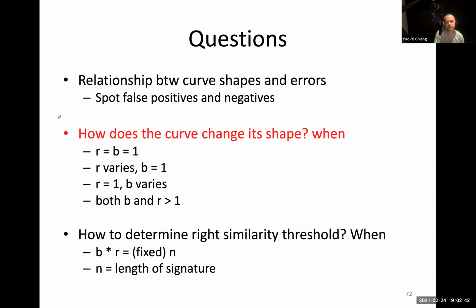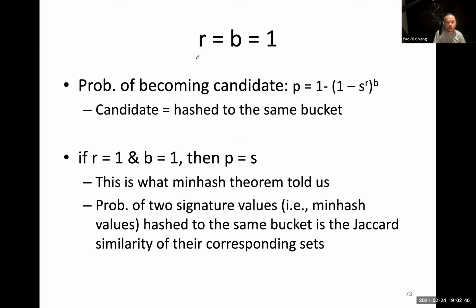Okay, so how does the curve change shape? When we have R equal to 1 and B equal to 1, which is highly unlikely because it means you only have one signature, the probability of becoming a candidate would be S. R equal to 1, B equal to 1, cancel it out, P equals S, and this is MinHash.